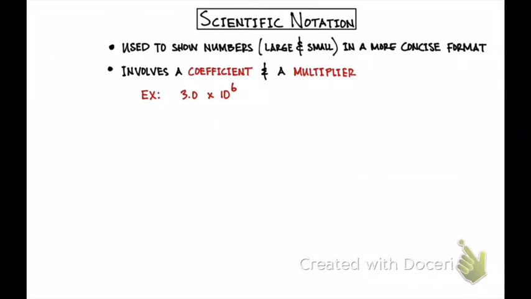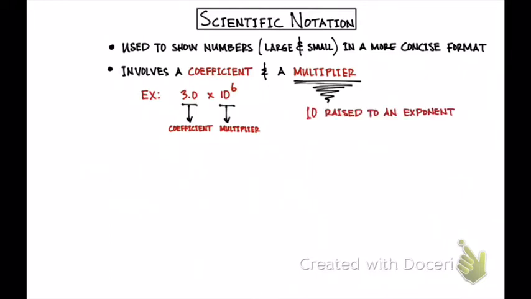Okay, so you have the coefficient, which is 3.0, and the multiplier, which is 10 to the 6th power. So you have the number 10 raised to a power. And that's what they call a multiplier. So you can have multipliers like 10 to the 1st power, 10 to the 2nd power, 10 to the 3rd, all the way to 10 to the x power, where x can be any number.